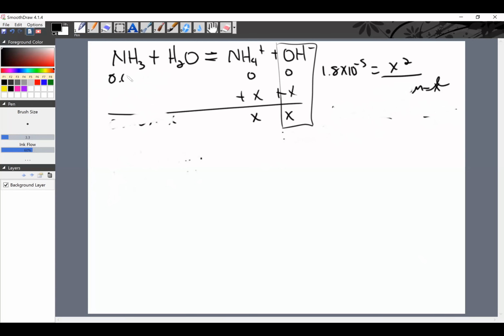And I think I said 0.020. So it's 1.8 times 10 to the minus 5th equals x squared over 0.02 minus x. Going to ignore the x.